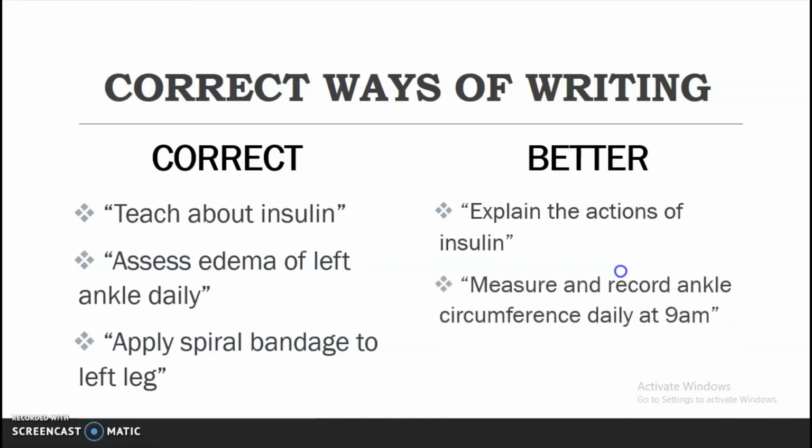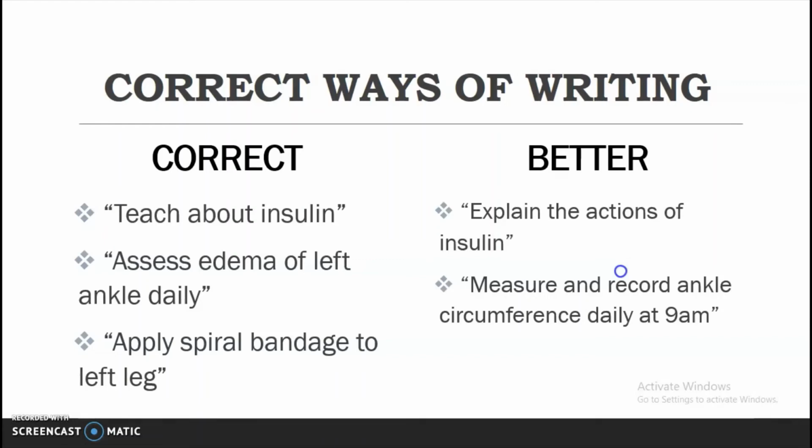Instead of writing assess edema on the left ankle, it is better to write measure and record ankle circumference daily at 9 a.m. As we said kanina, you will write it precisely like our outcomes. Of course you are going to measure the client's ankle circumference daily at 9 a.m.